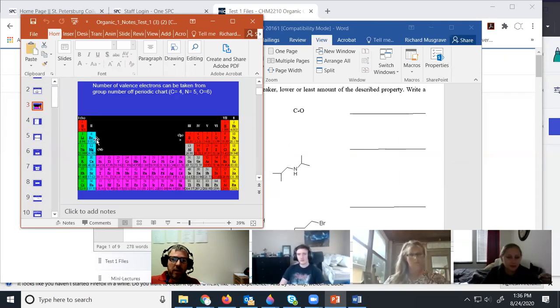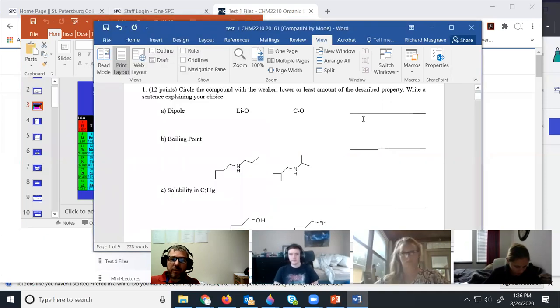And you can see that the Li and the O are very far apart, which suggests that there's a great difference in electronegativity, whereas C and O are closer together, which indicates that there's less electronegativity difference. So that would be what you would do here.